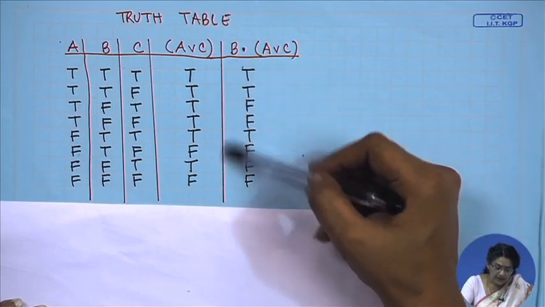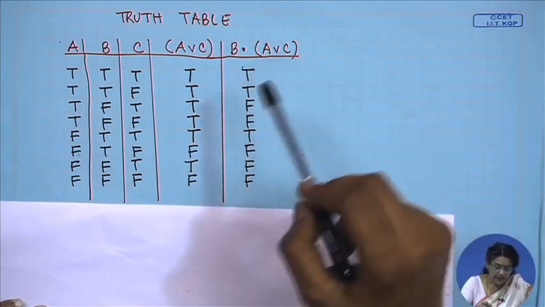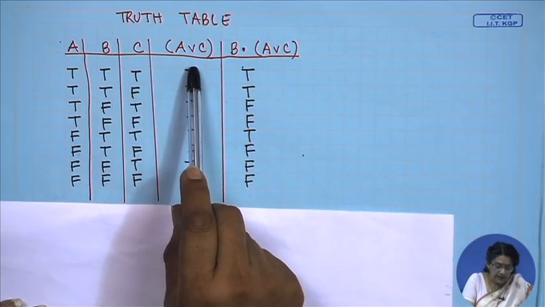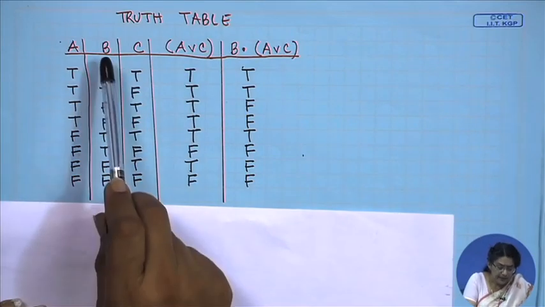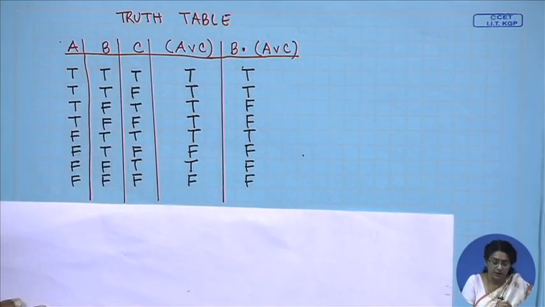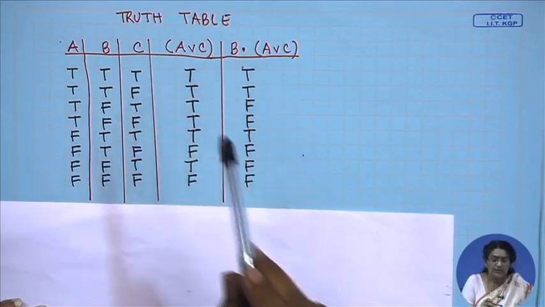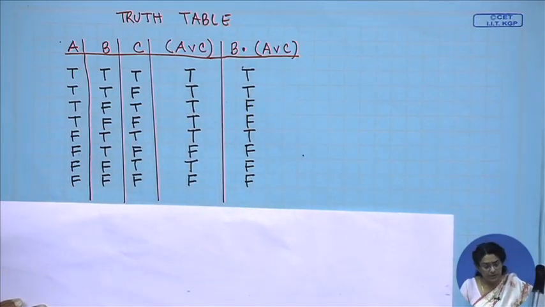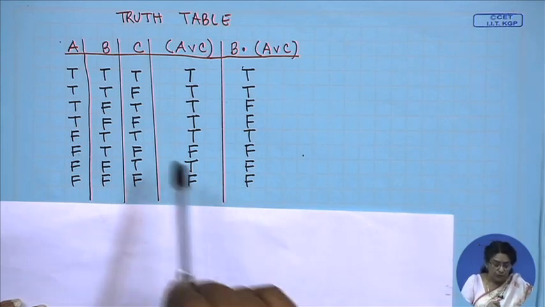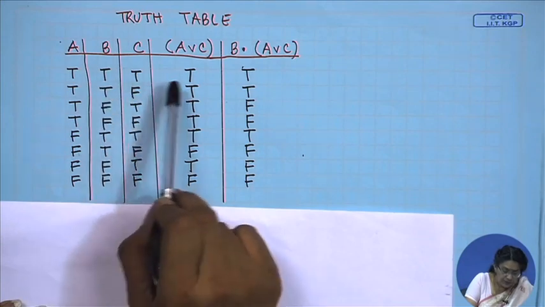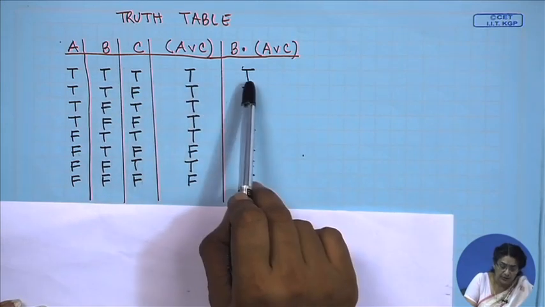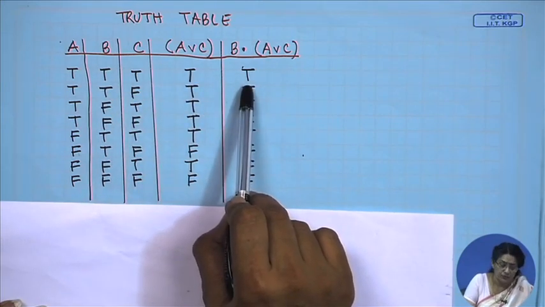Then comes this conjunction, and for this conjunction I said you need to compare this column with B. B happens to be one of the conjuncts. Let us remind ourselves how conjunction works. Conjunction is true only when both conjuncts are true. So, for example, here B is true, A wedge C is also true, the value returned under the dot is true.